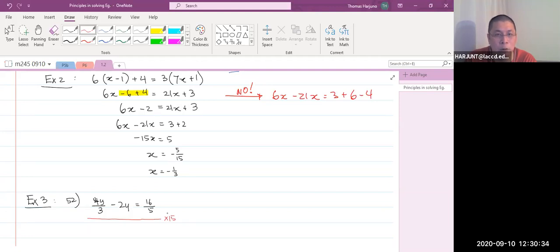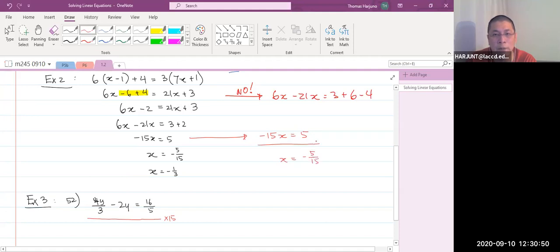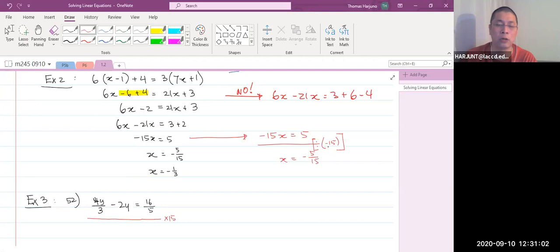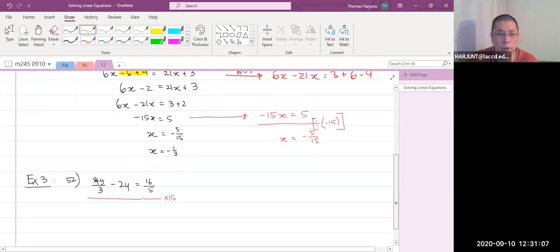The solution for negative 15x equals 5 is the same as the solution of x equals negative 5 over 15, because I divide by negative 15 on both sides. You see what I mean? So as long as we multiply or divide the equation by the same non-zero number, we will have an equivalent equation. Now, that's what I do here.